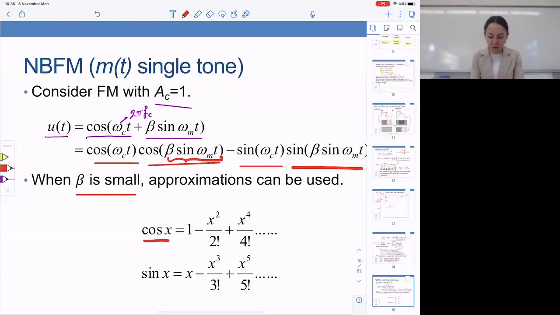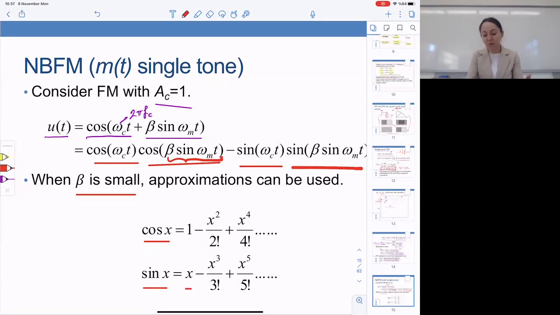Think of the Taylor series expansion for cosine. It is 1 minus x squared over 2 factorial plus x to the 4 over 4 factorial, all even powers of x. And when x is small, higher order powers could be neglected. Similarly, sine x is x minus x cubed over 3 factorial, etc.